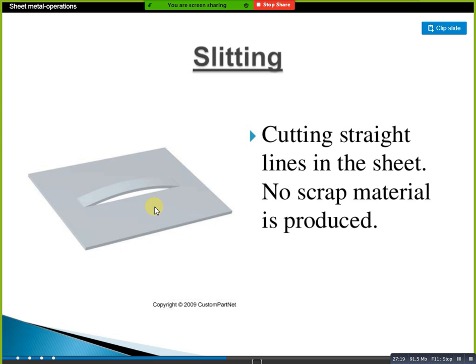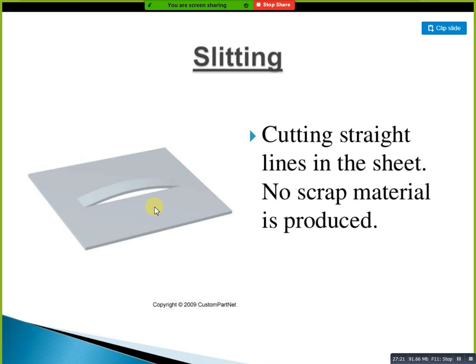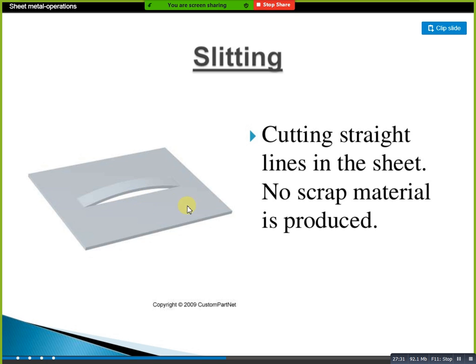Cutting straight lines in the sheet, no scrap material is produced. Here we are not getting any scrap in these sheets. When you use the slitting operation, we are not getting any scrap, and that's why you can prefer this one.